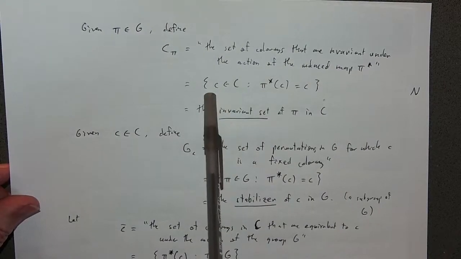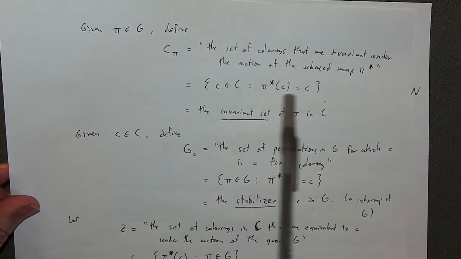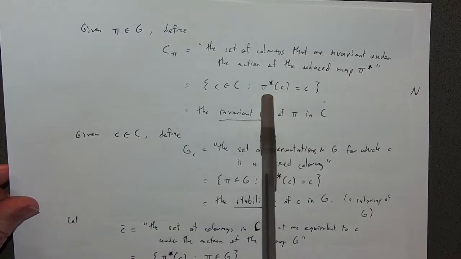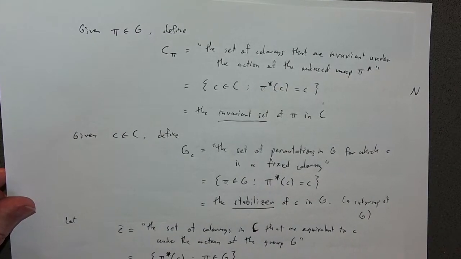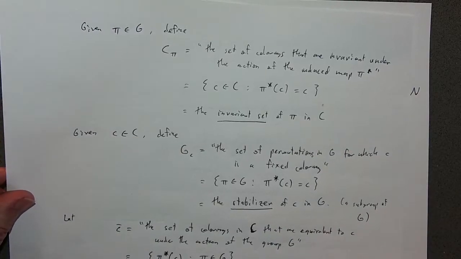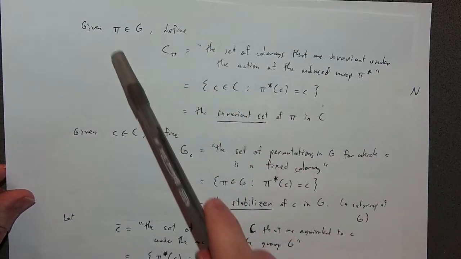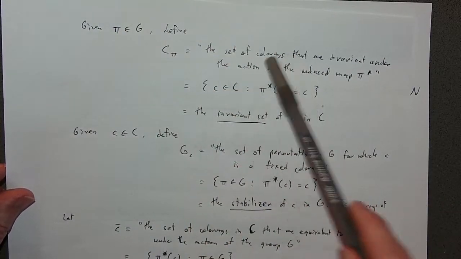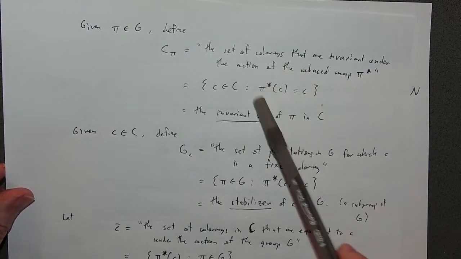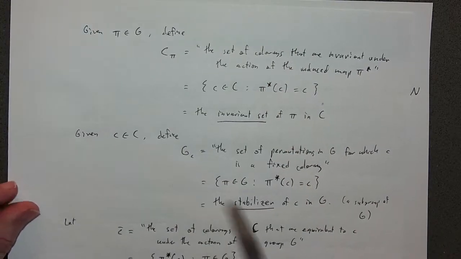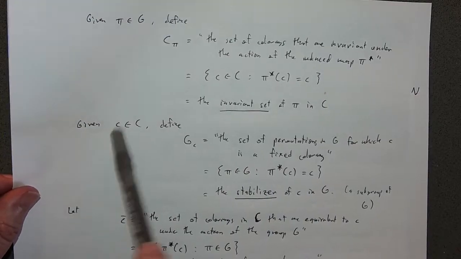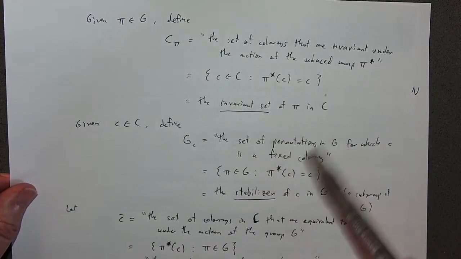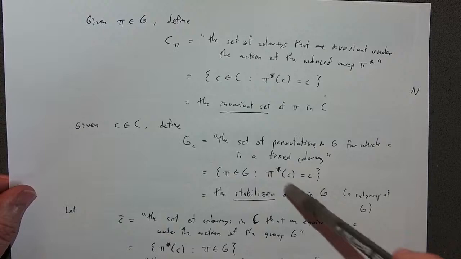So it's the set of colorings that are fixed by this induced map pi star for my permutation pi in G. This is like the dual thing, right? We fix a permutation and then it's a set of colorings fixed by that induced map. Whereas the stabilizer was we fix a coloring and then it's the set of all permutations whose induced map fixes that color.